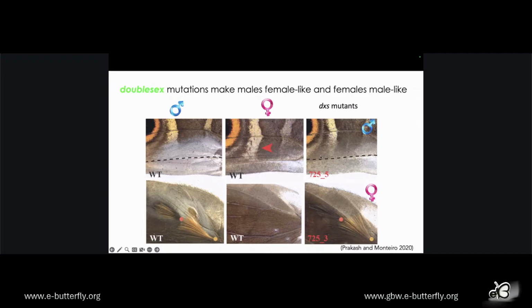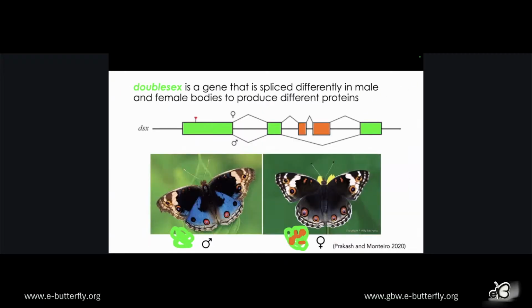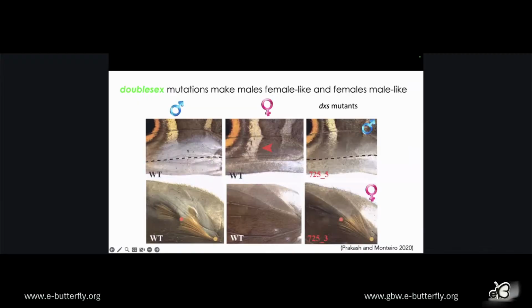So what we conclude from this is that the male splice version of doublesex, meaning this green protein over here, is required for the activation of the genetic program that produces silver scales and that is male specific. So without that specific male protein, these silver scales cannot develop. And that's what we see here in males.